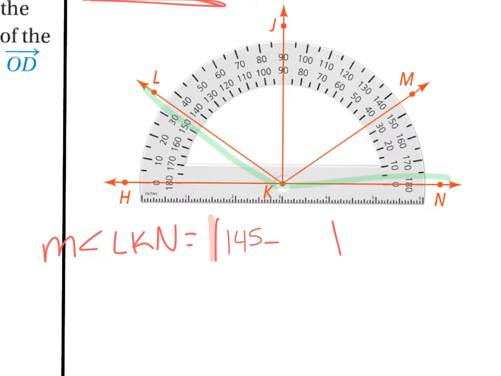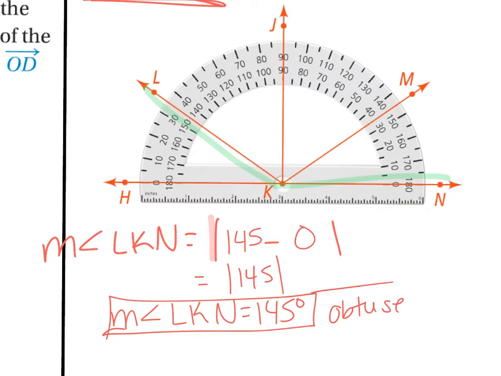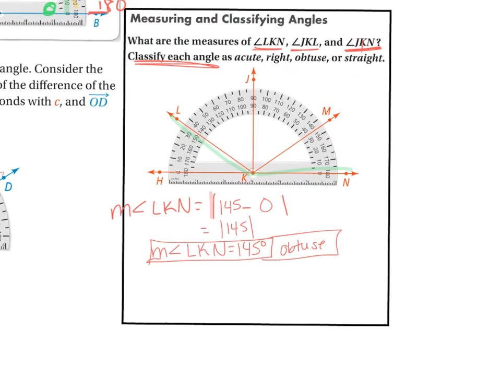And then the other one, the inside is 0. That worked out nicely. So we have the absolute value of 145. So the measure of angle LKN is 145 degrees. There's one answer. What type of angle is that? Well, it's obtuse. So that's the other answer. This one has two answers.